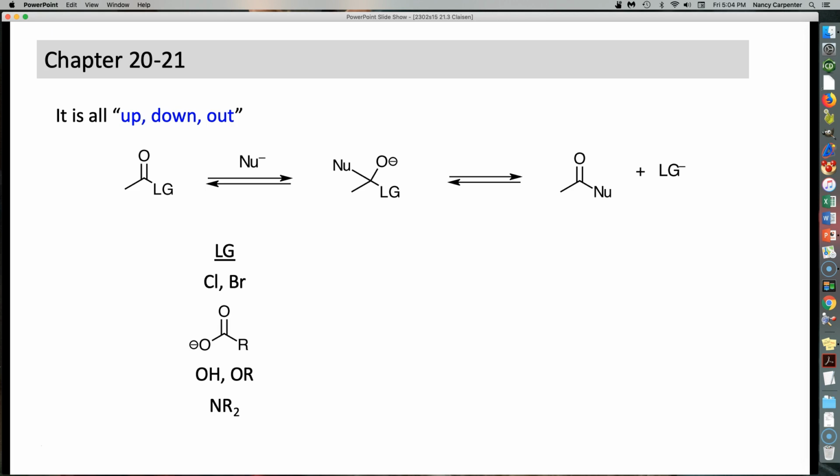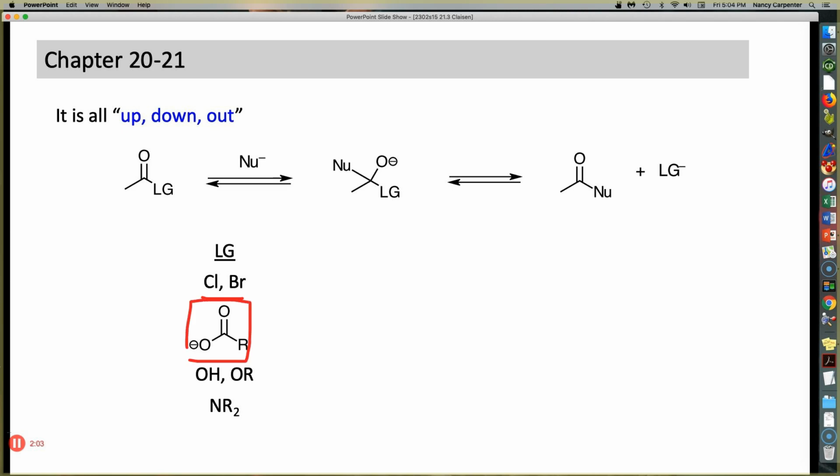We've learned that there's a boatload of different leaving groups, and that really explains the reactivity ladder. Halides and acid chloride derivatives are fantastic leaving groups, and so acid halides can readily react with a variety of nucleophiles.